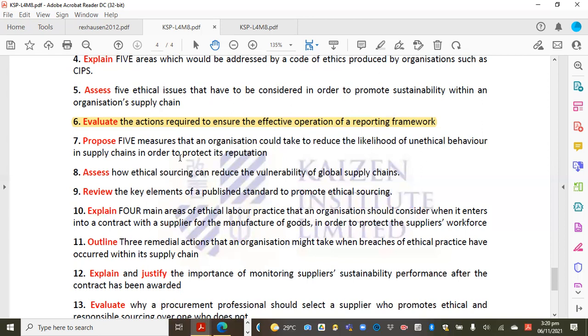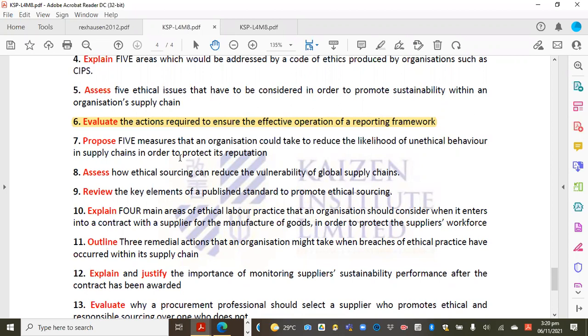And also supplier selection. Yes, pre-qualification. We can pre-qualify suppliers to minimize the risk. When you pre-qualify them, that's where you get to know if they are members of ETI, they subscribe to ILO principles, or they have the Social Accountability 8000 certification and all that.